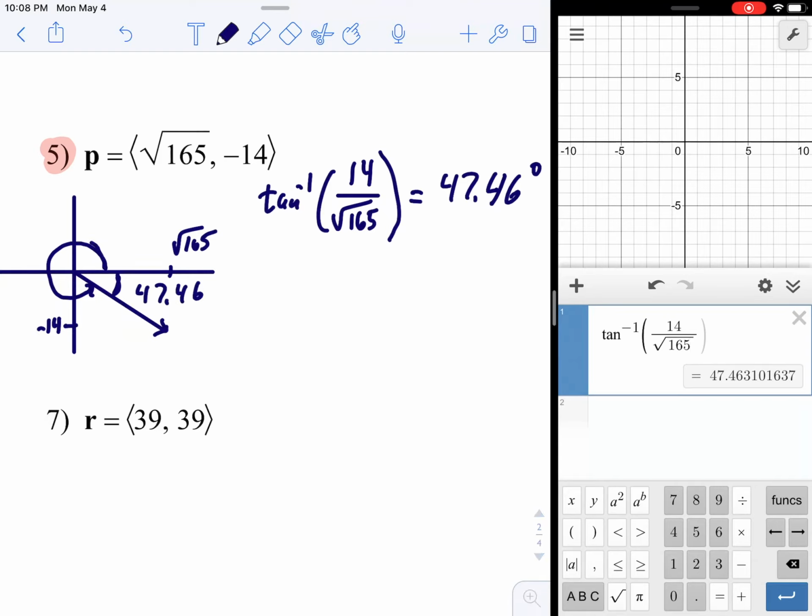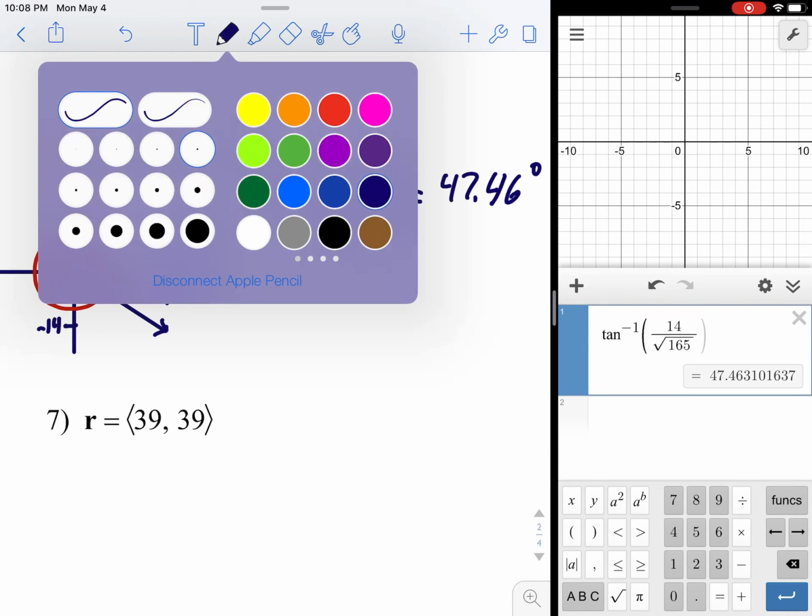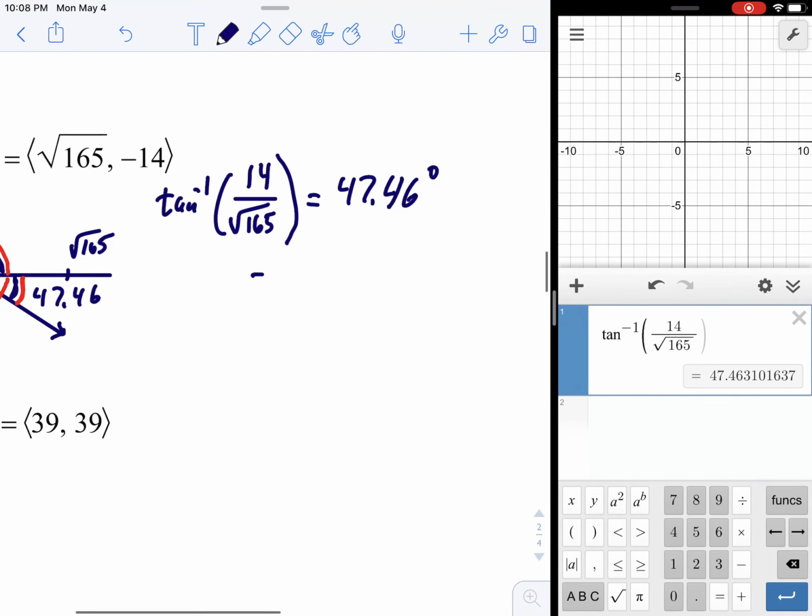How do we find the vector angle? We're going to subtract it from 180? No, because when you're in that fourth quadrant, what you're really doing is comparing it to essentially a full circle. If you have a full circle, you subtract out this bit here, it gives you the leftover. So to find the vector angle for this problem, I need to do 360 minus 47.46.